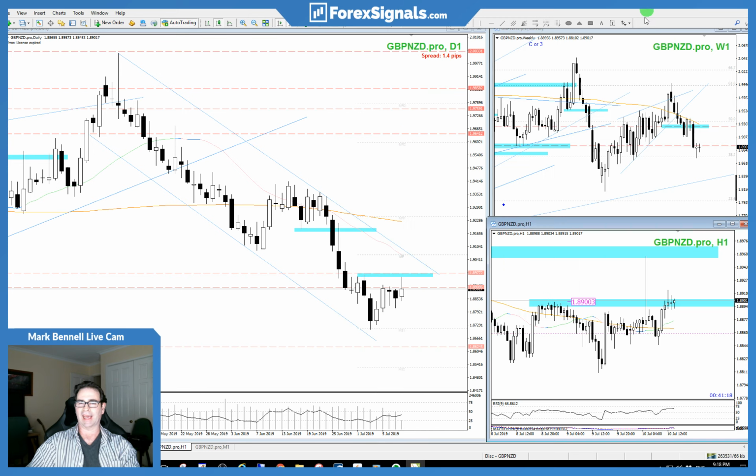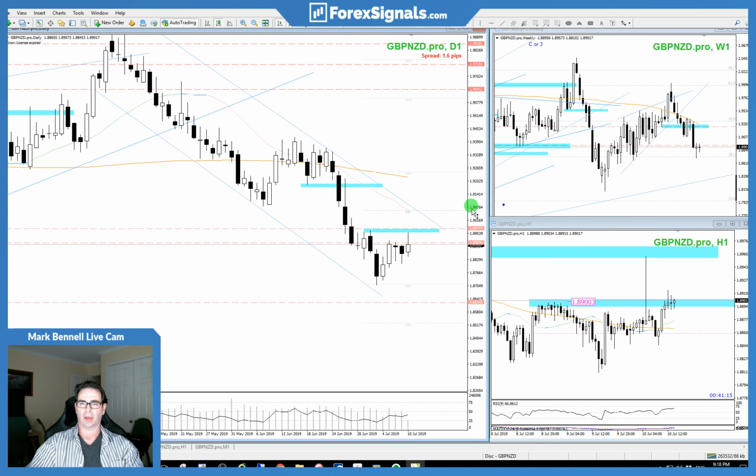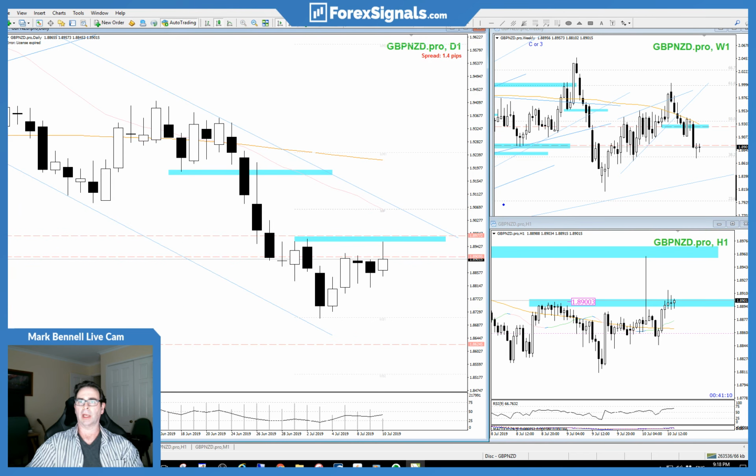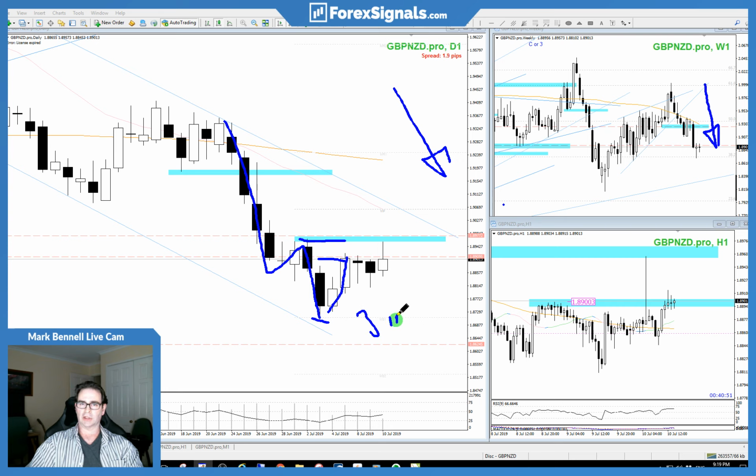So what do I mean by counter trend? Right, Pound New Zealand is counter trend. Why? Because down on the weekly, down on the daily, here's the anchor. But what I like is we're getting climactic price action, stalling price action, a nice little reversal pattern here, 3 inside up, this one is. Right, it's got a little bit more power.